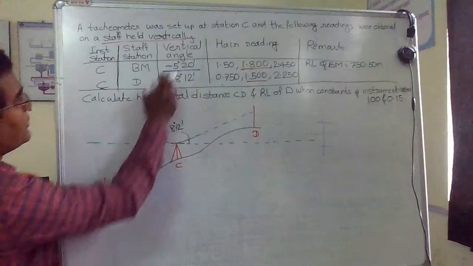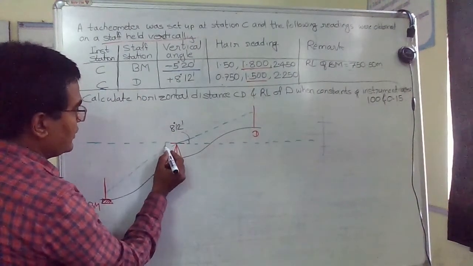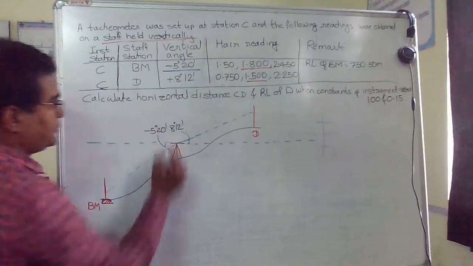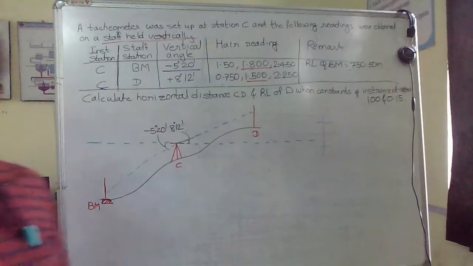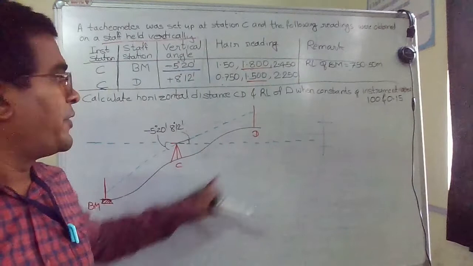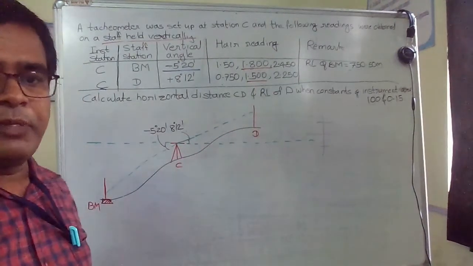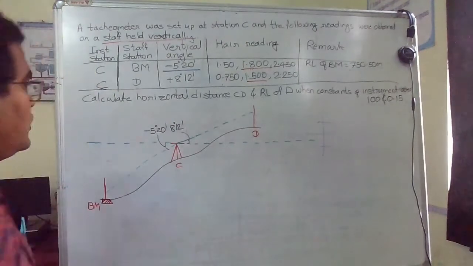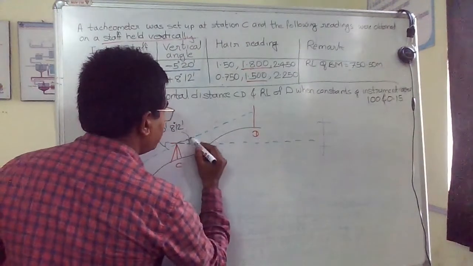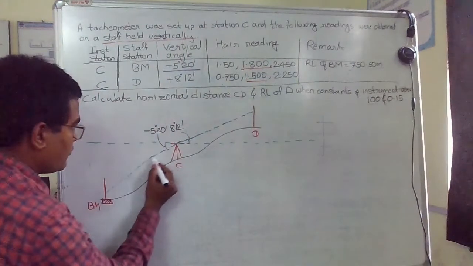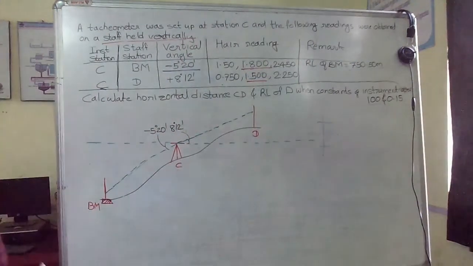What is the value of the angle of depression given? It is given as minus 5 degrees 50 minutes. Clear up to this? The tachometer is placed at the center. One reading is taken at elevation, one reading is taken at depression. Okay, so this is the central hair reading.